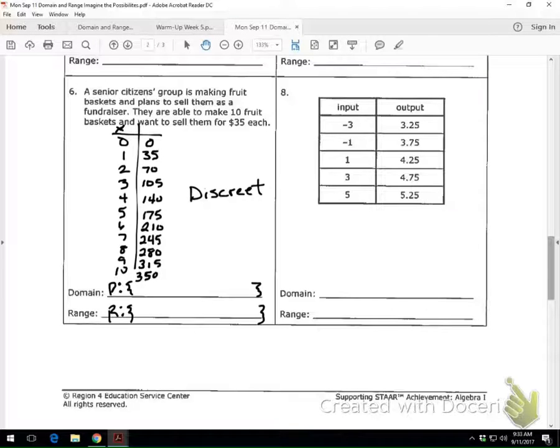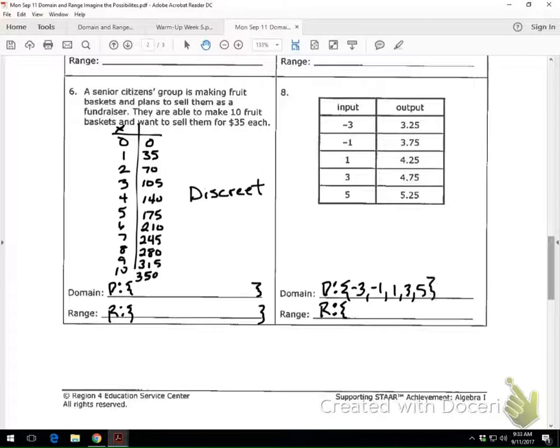Okay? And number 8. List it or write it out like a graph. Listed: D, dot dot, bracket, R, dot dot, bracket. What's my domain? -3, -1, 1, 3, 5.